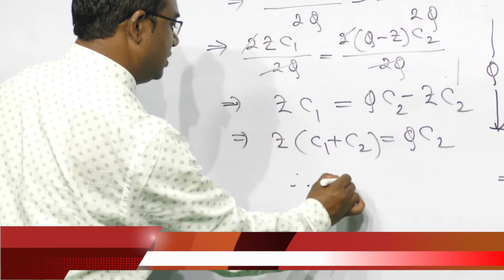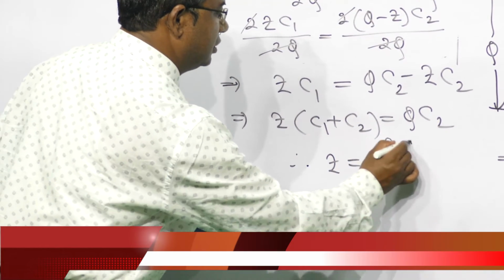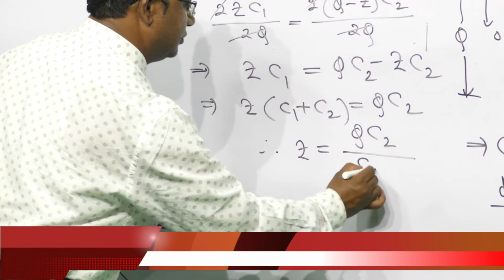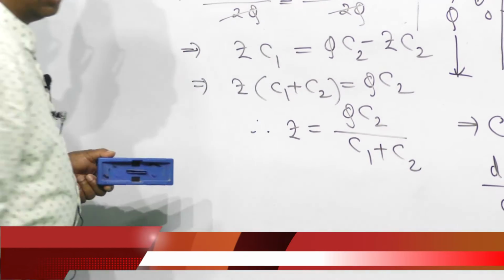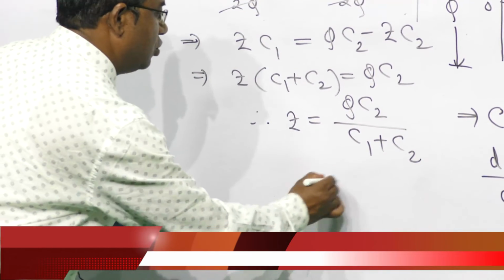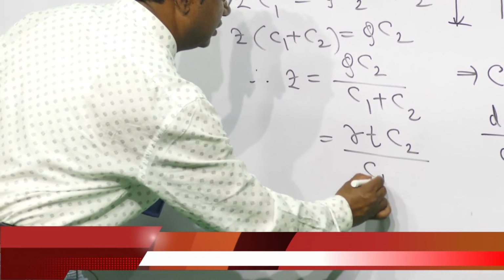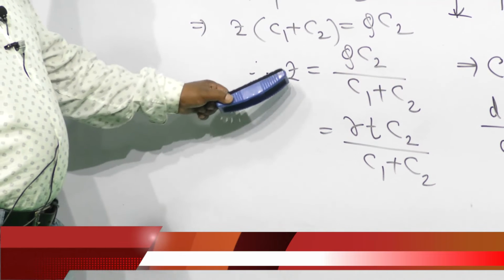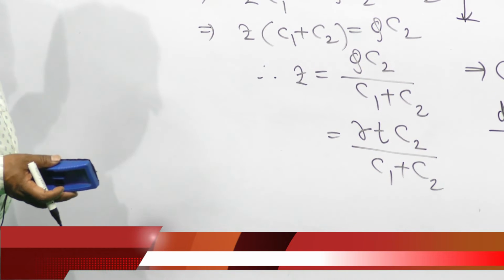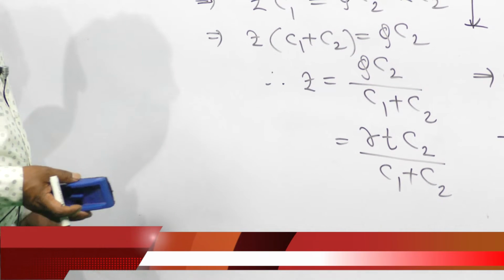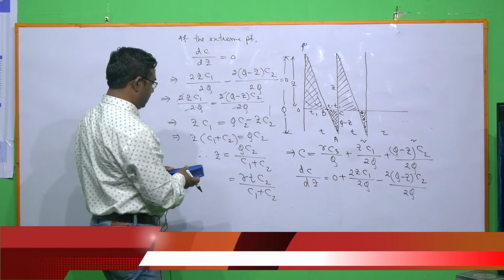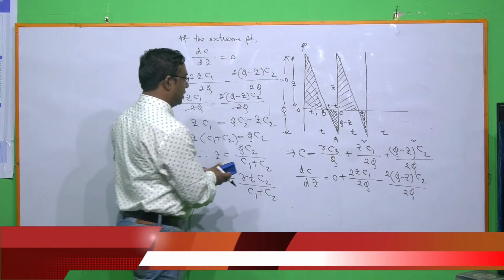Therefore, Z equals QC2 by (C1 plus C2). The value of Q is RT, so Z is QC2 by (C1 plus C2). This is the initial optimal inventory level.